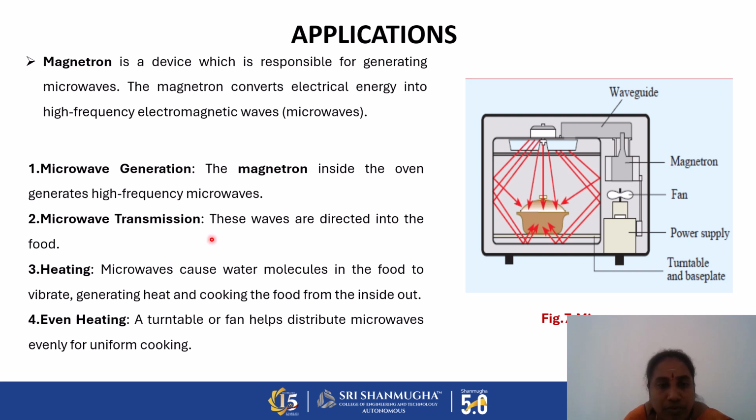Next, microwave transmission: the waves are directed into the food for heating. The microwaves agitate the water molecules in the food, which generates heat and cooks the item inside the oven. For even heating, the fan, tunable stirrer, and base plate help distribute the microwaves uniformly for uniform cooking. This is the main application of the magnetron, normally used in the microwave oven.